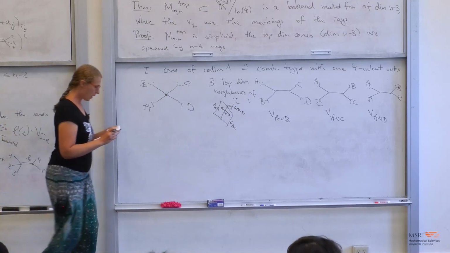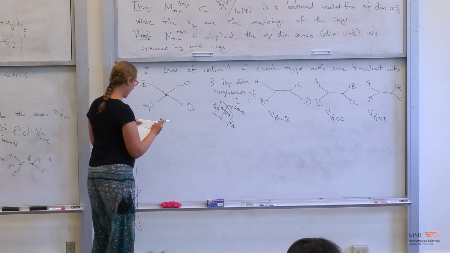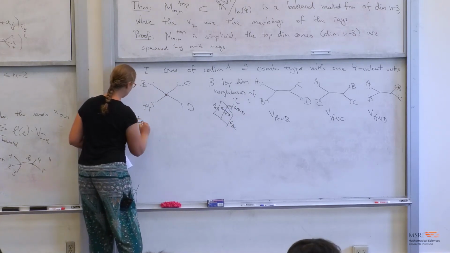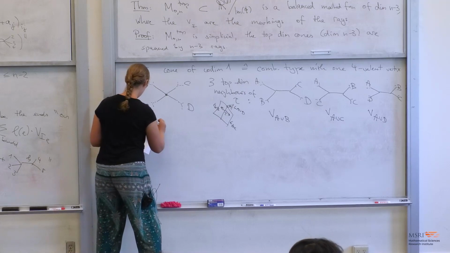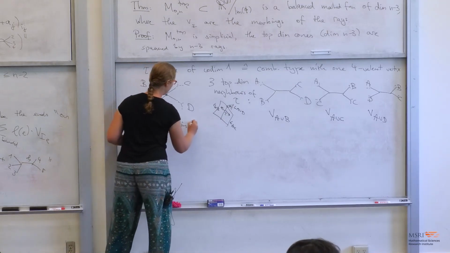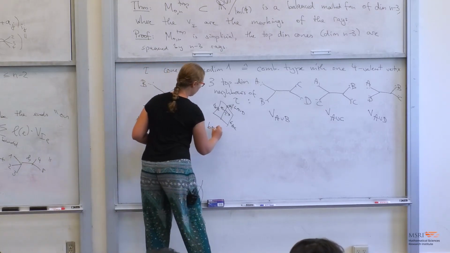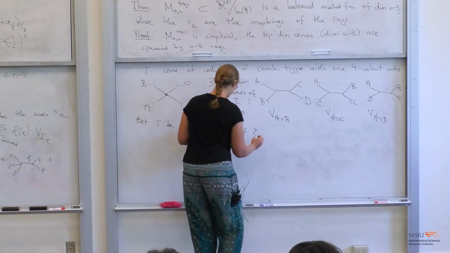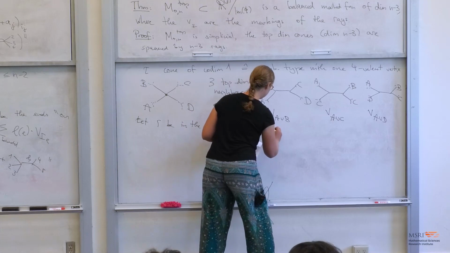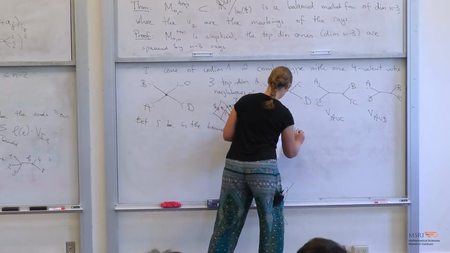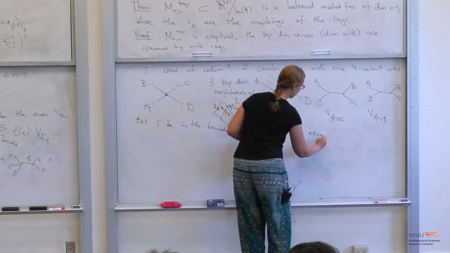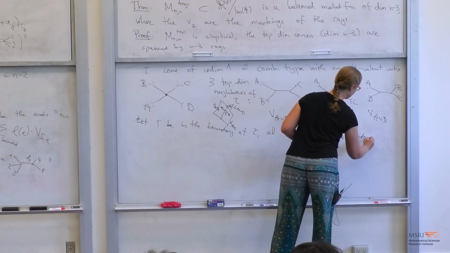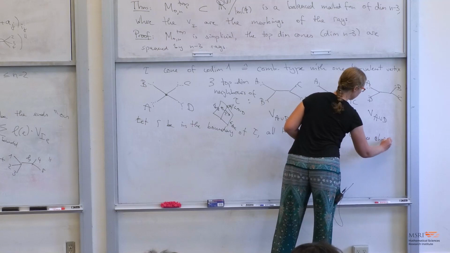Now I consider a curve in the boundary of tau. Let gamma be in the boundary of tau, where all lengths except those 4 edges shrink to 0.